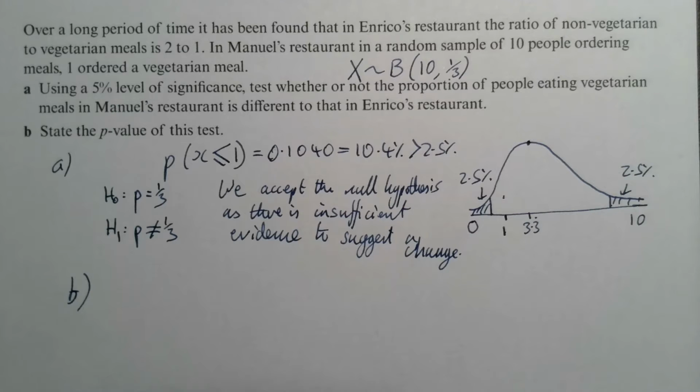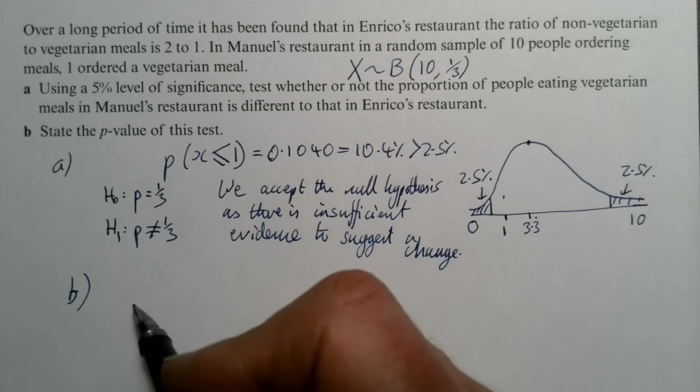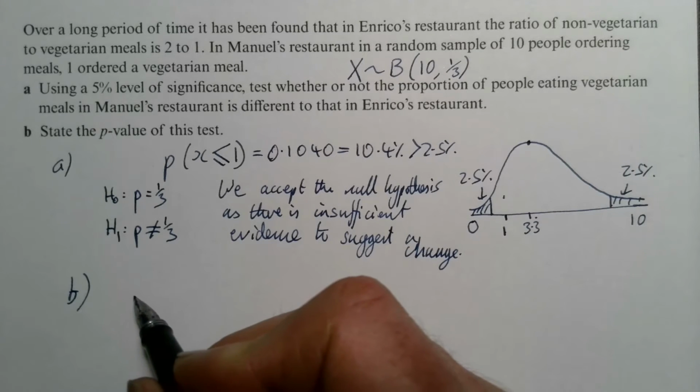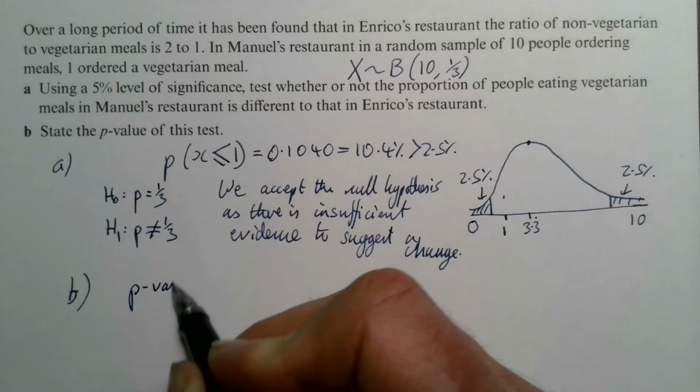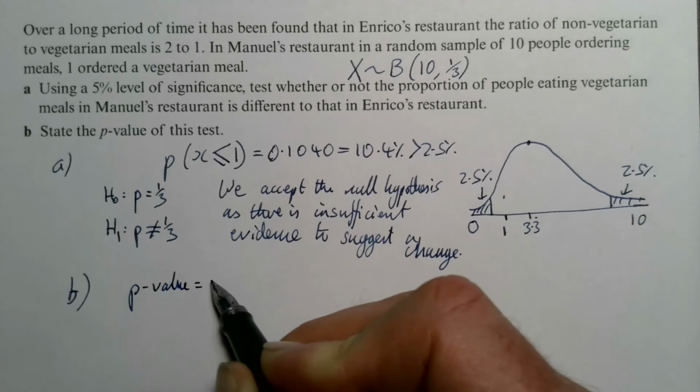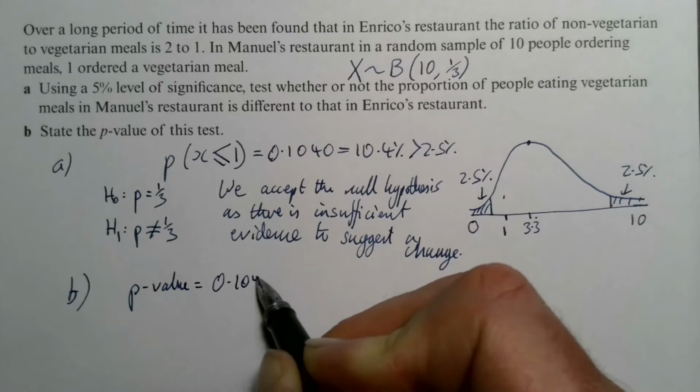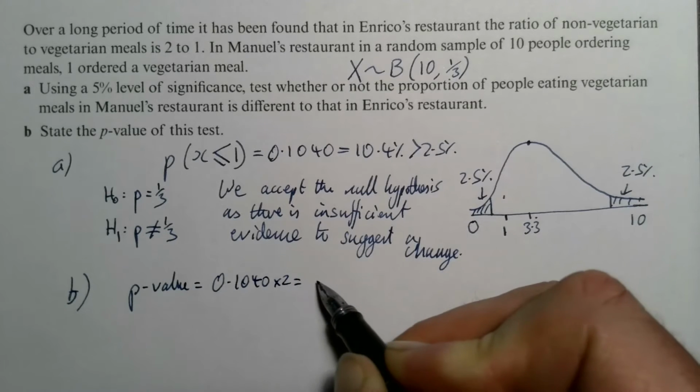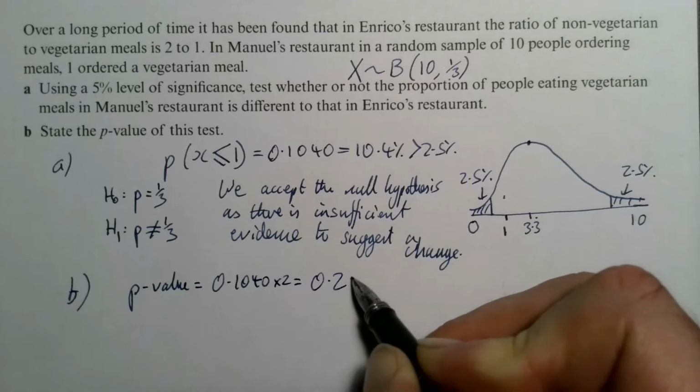So the p-value is saying what real significance would this result be if we're talking about a two-tailed change. So the p-value is going to equal 0.1040 times 2, which is 0.208.